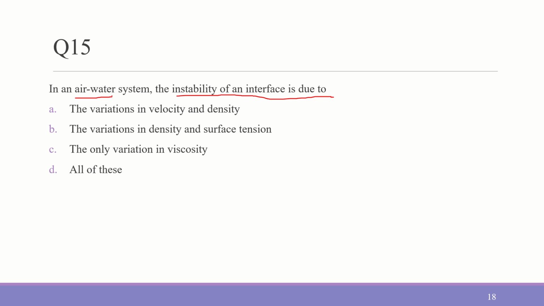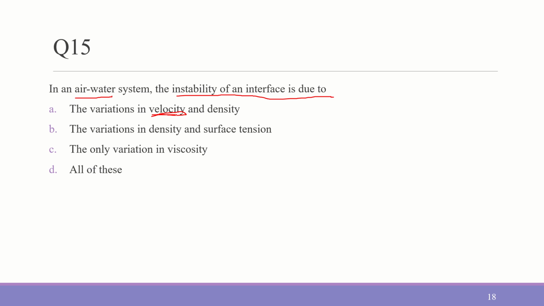One thing is the velocity with which they move. Velocity is an answer, and also the difference in density between the fluids, water and air, is an issue causing instability in the interface.